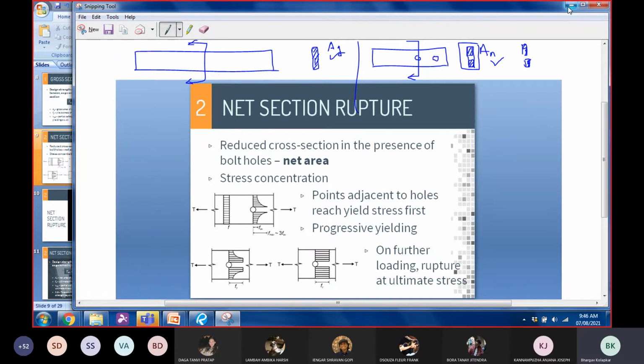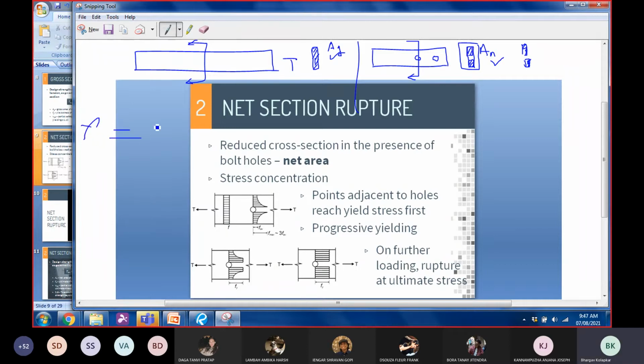What is of importance to us is what is the area that we have. Based on that area, we'll get our stress. So here, to transfer the same amount of load, we have a larger area, so the stress is going to be smaller. Here, to transfer the same load, we have smaller area, which means the stress is going to be more, right? I don't want to complicate things a lot.